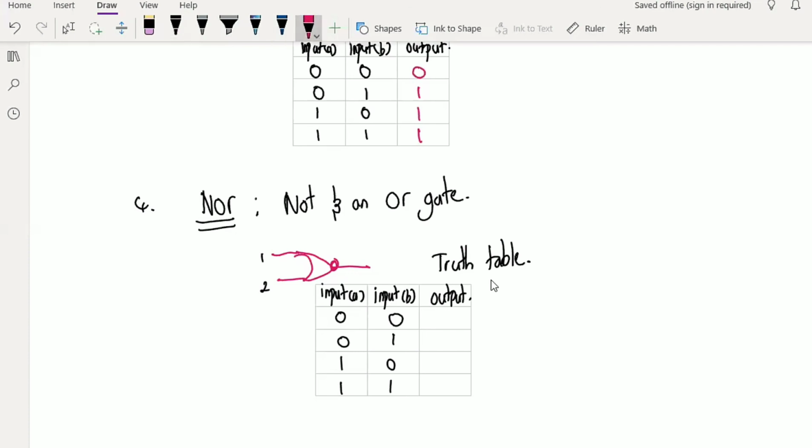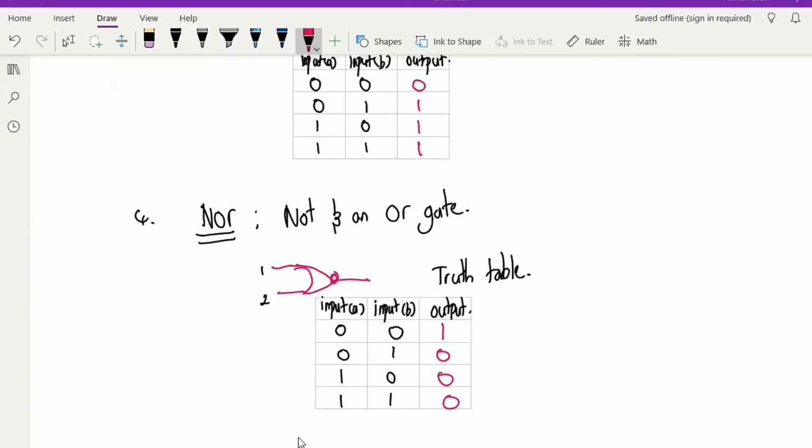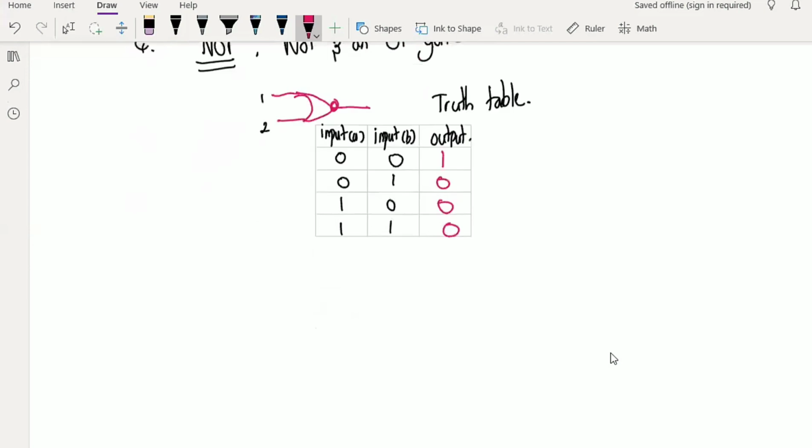What do we have here? 0, 0. We don't have a 1 present. It's the opposite of the OR, so it's going to output a 1. And if there is a 1, it's going to output a 0. That's what the NOR gate is.